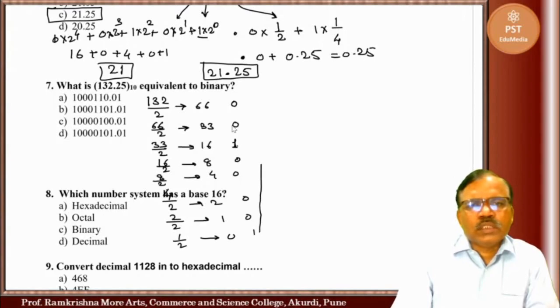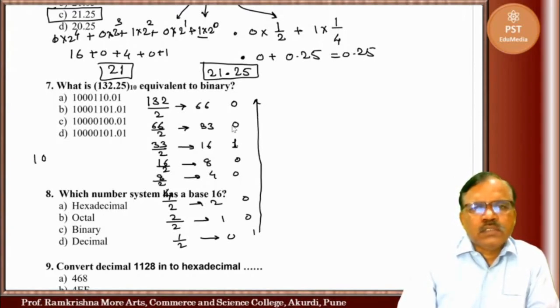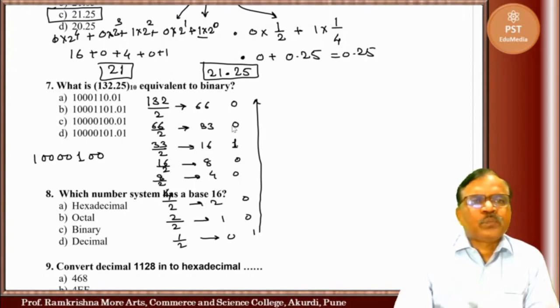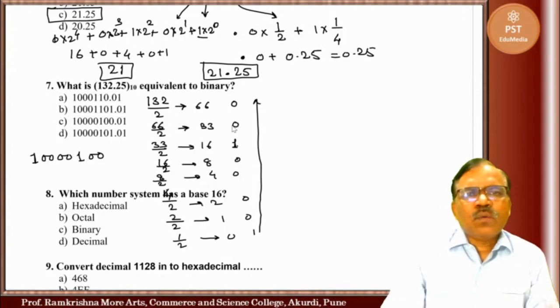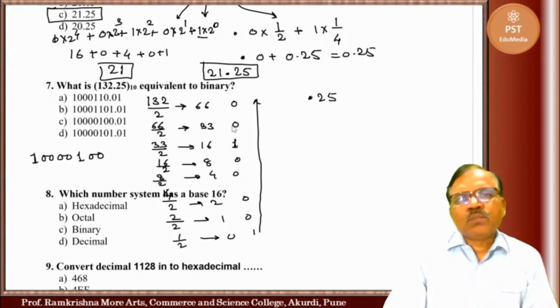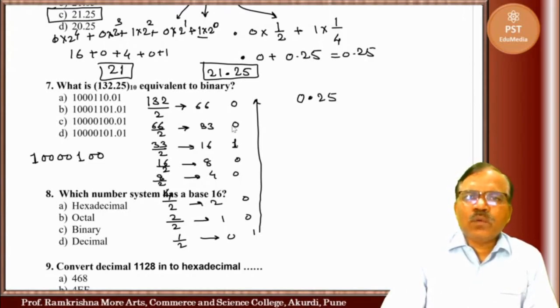Now what is the number? Go from this to this. So the number is 1, 0, 0, 0, 0 (4 zeros), then 1, 0, 0. So this is on the left side of the decimal. Now 0.25. Here we have to multiply by 2.